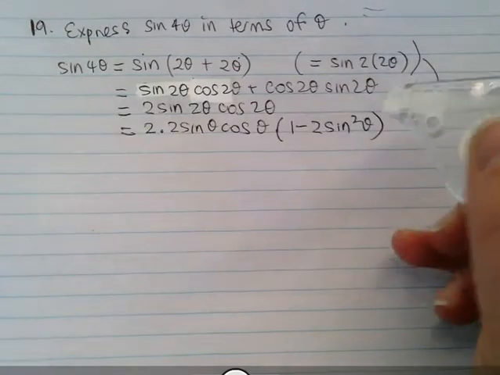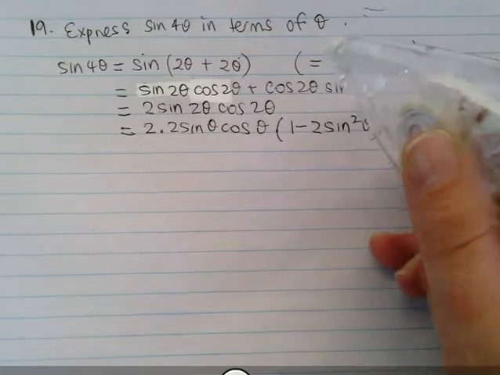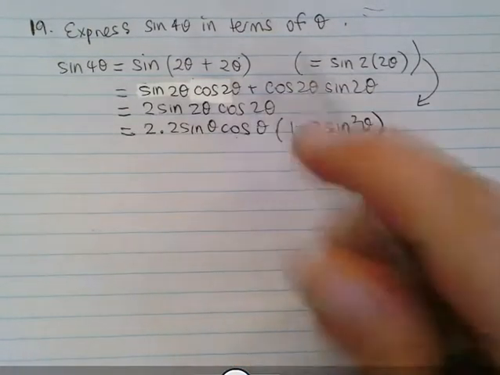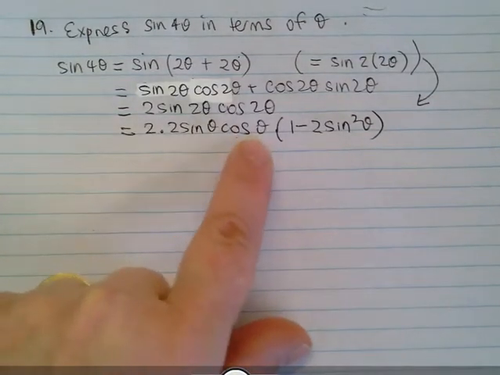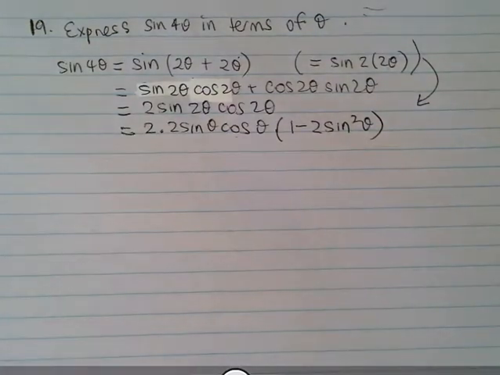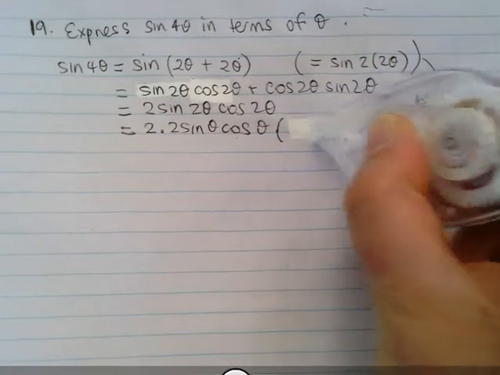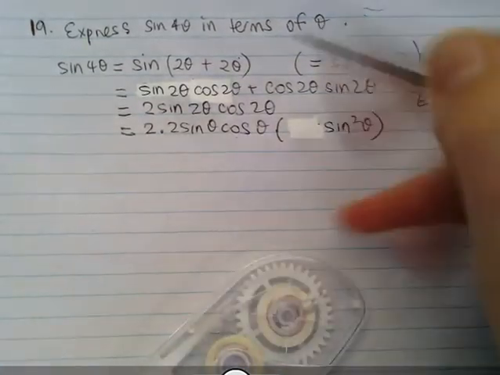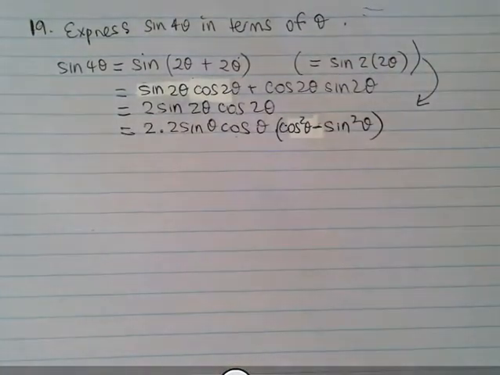So it does not matter which version of the result you choose. You could do 1 minus 2 sine squared, 2 cos squared theta minus 1, or cos squared minus sine squared. But because we're only ever going to have a cos theta, we're never going to be able to write this in terms of sine theta only. That would have had to have been a cos squared theta, and then we could have written it as 1 minus sine squared, but we don't have that. So I'm just going to write this as cos squared theta minus sine squared theta, knowing, and you wouldn't get marked down, that I'm not going to be able to eliminate cos theta anyway.